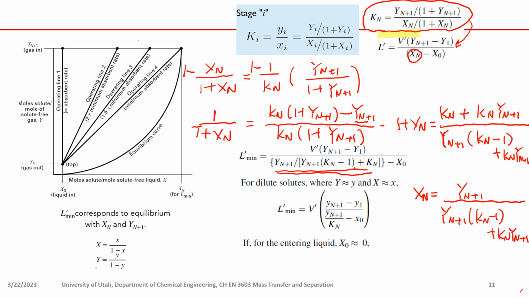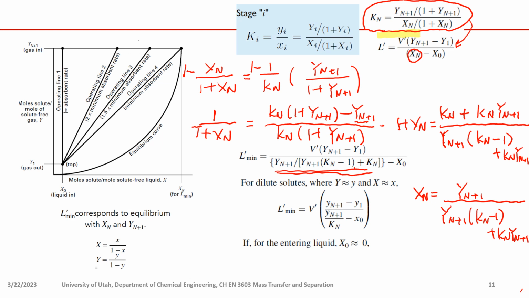And we can even further simplify this equation under some conditions. And typically, if we have a dilute solute, right? That means the mole fraction of x and y, the mole fraction of the solute in both the liquid and vapor phase, are small, right?